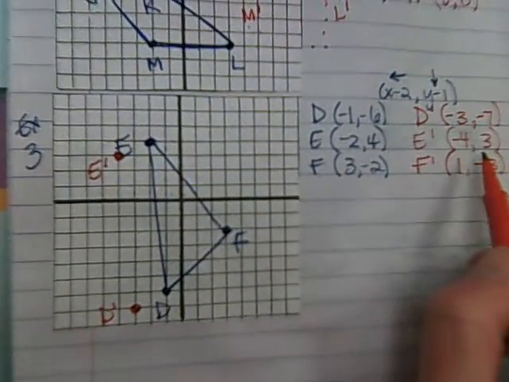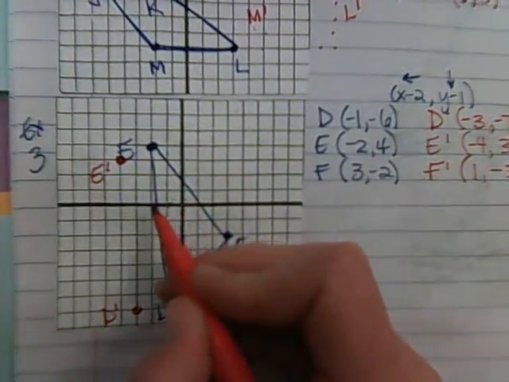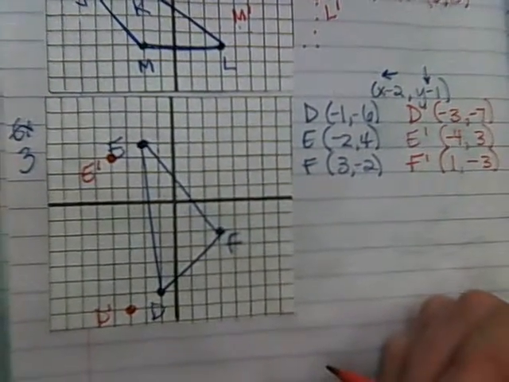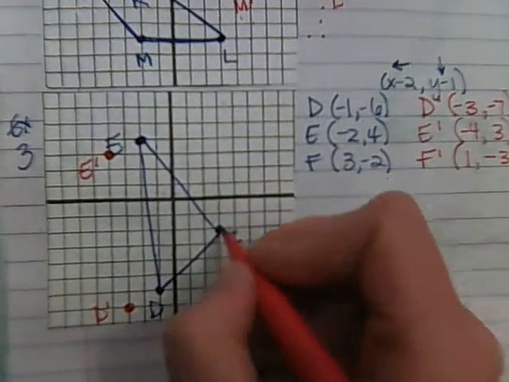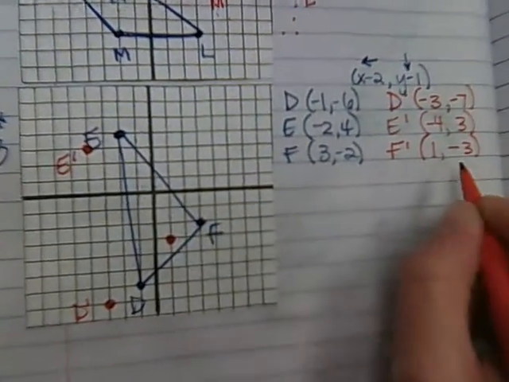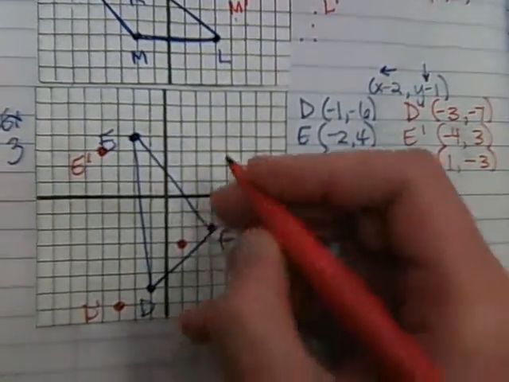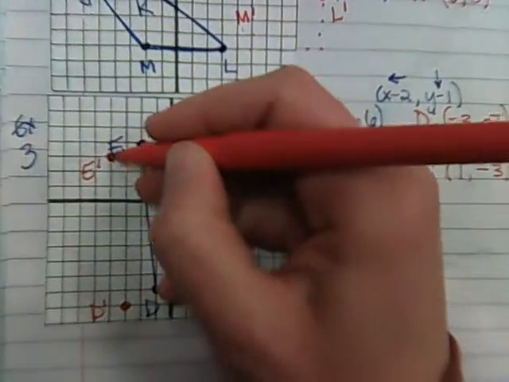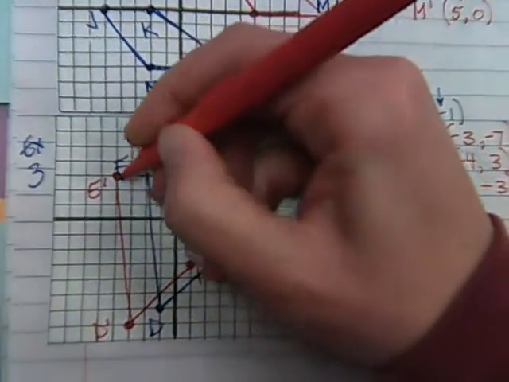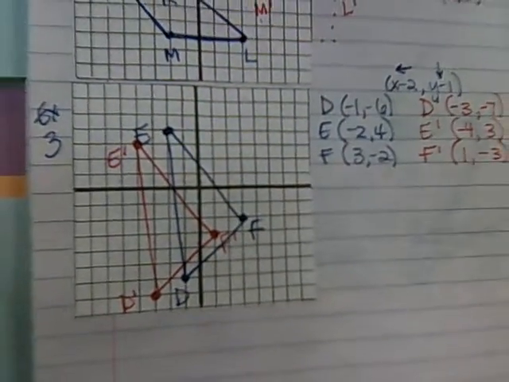Supposed to end at -4, 3. Good. And then F. Left 2, down 1. Supposed to end at 1, -3, which I do. There's my image.